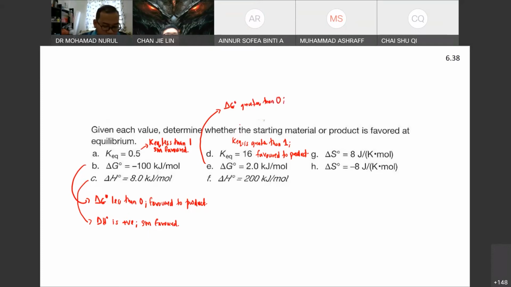So they favor starting material. Delta H not is positive. So they favor product. Betul tak?